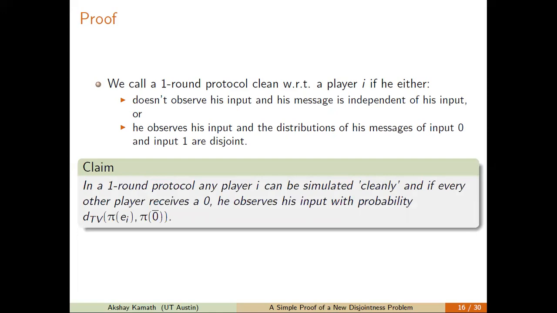So the claim that we have first is that in a one-round protocol, any player can be simulated cleanly, if every other player in the protocol receives input 0, in a manner that player I observes his input with probability that's equal to the total variation distance between the protocol where he receives input 1 and the protocol where he receives input 0.